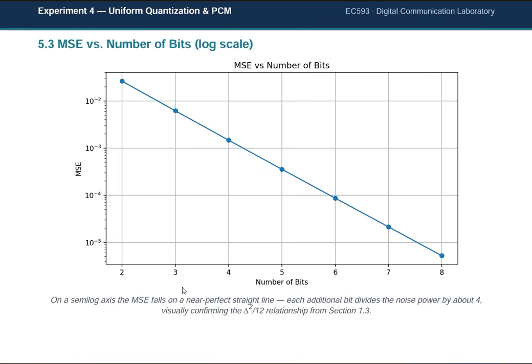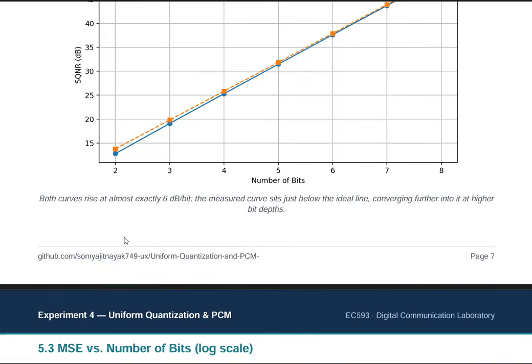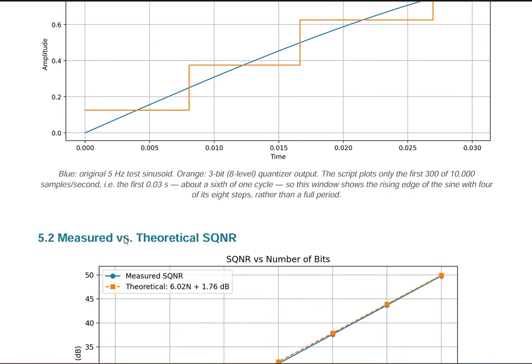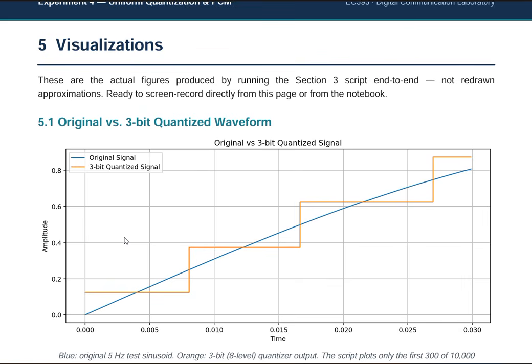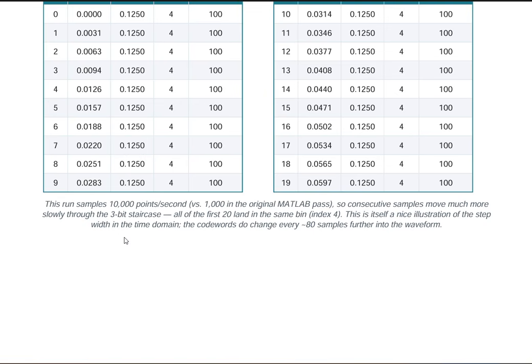So finally, we can say that this experiment successfully demonstrates uniform quantization and PCM encoding using Python. From this result, we can clearly see that increasing the number of bits improves the quality of the quantized signal. The SQNR increased from 12.81 decibel at 2 bits to 49.79 decibel at 8 bits.